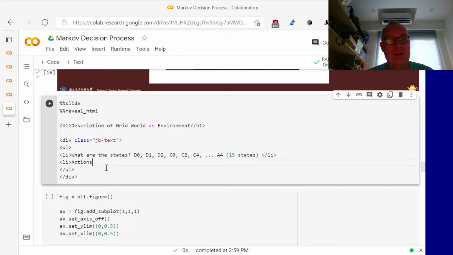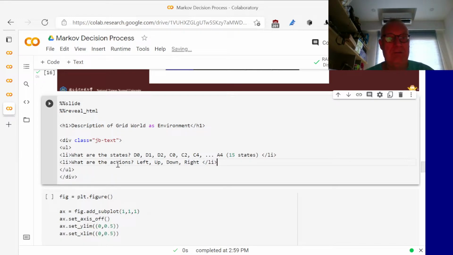Okay, what are the actions? And how many of those are there? 4, yes, correct. Left, up, down, right. That will be the most natural way of representing this.